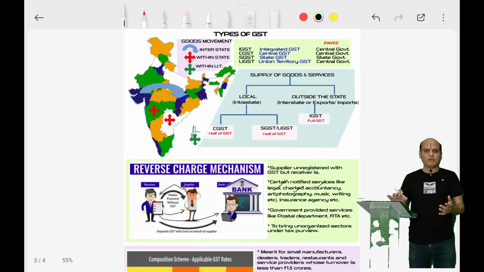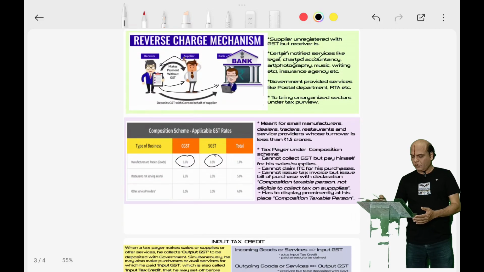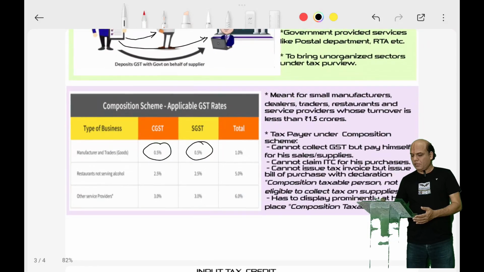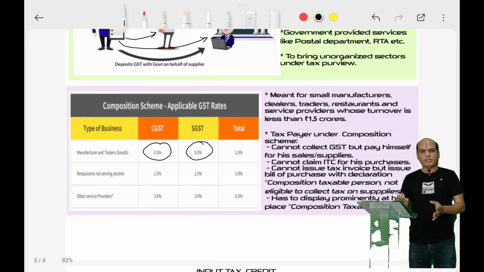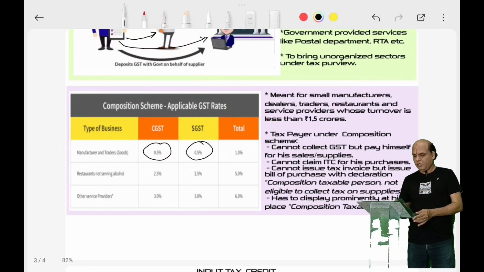If you are not aware of them, then go through the GST1 video. So the traders, suppliers, restaurant owners, they all register under composite scheme and they avail the benefit of the scheme.